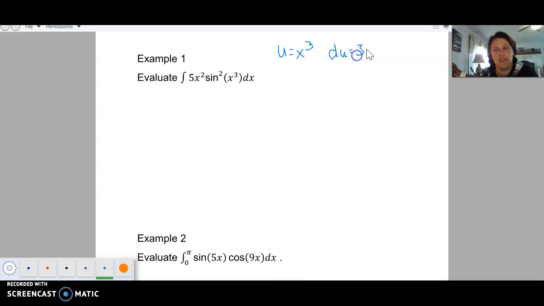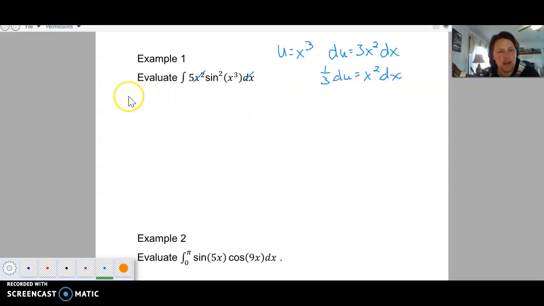And then du is going to be 3x squared dx. And so therefore we don't have a 3 in here anywhere. So let's divide that 3 out. So we've got 1/3 du is equal to x squared dx, which we do have an x squared and a dx. So those will all become 1/3 du.